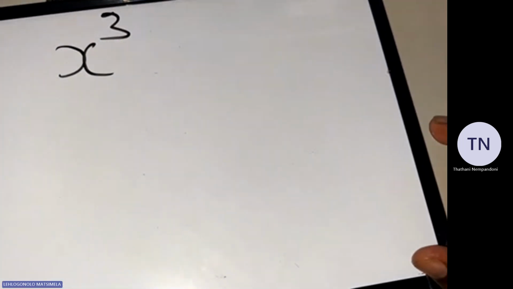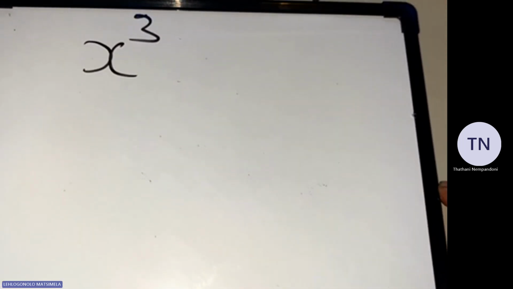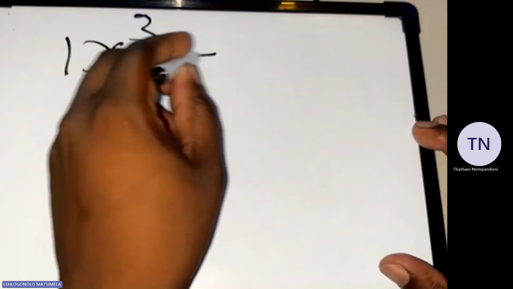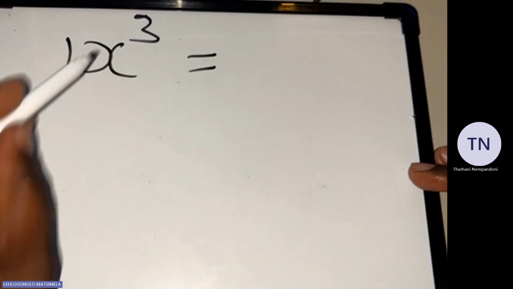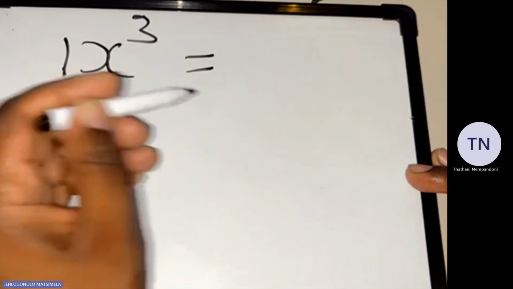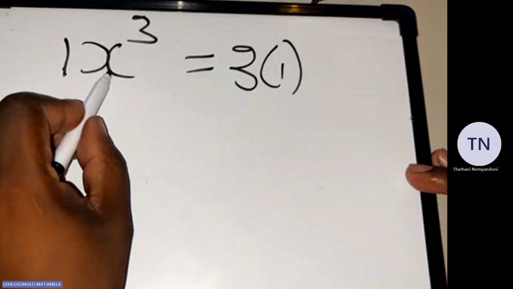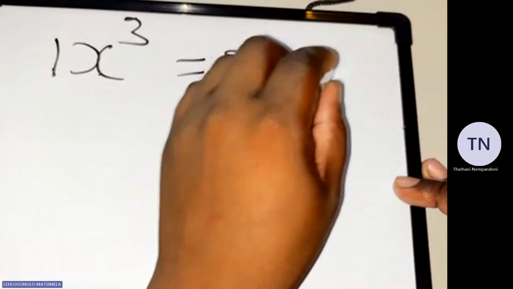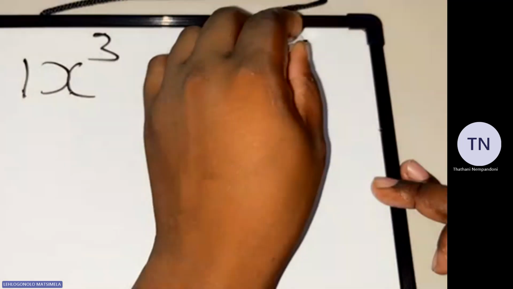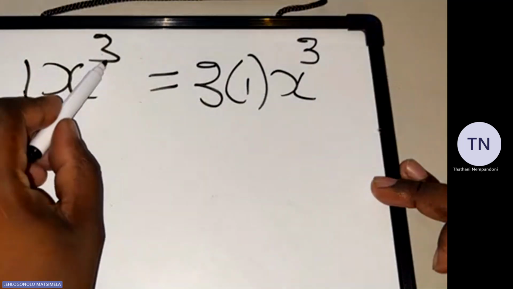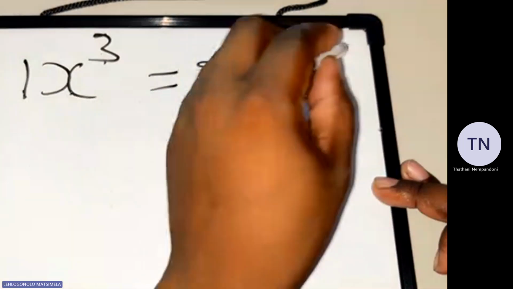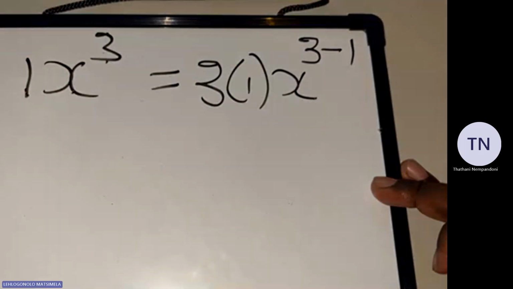Then our derivative formula will be the exponent multiplied by a, so 3 multiplied by a, then x as it is, we rewrite it, then x to the exponent of the number as it is, which is 3, and then all in all, the exponent minus 1.